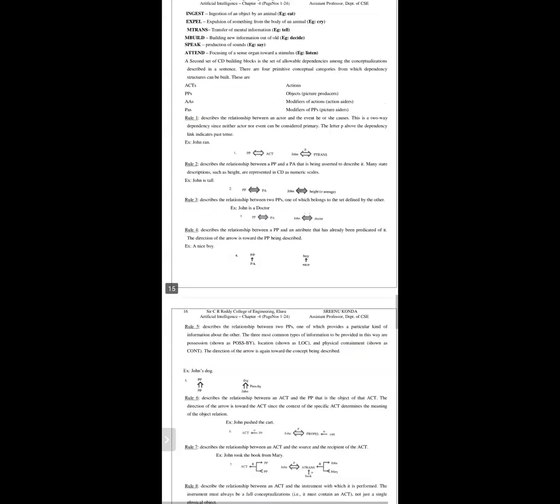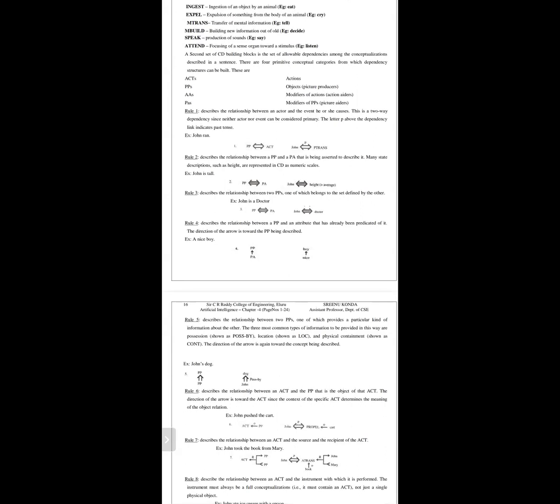Rule number 3 describes the relationship between two PPs, that means two picture producers. For example, John is a doctor. Here John and doctor are picture producers only.